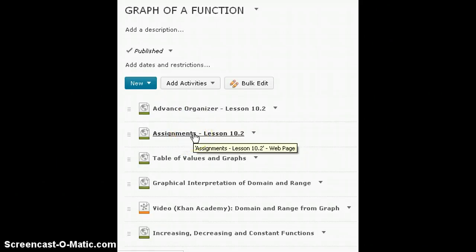Your assignment on 10.2 has a lot of graphing type questions about it. If you go in there, you'll see that the textbook looks different in the reading. You may recognize it as a college algebra or some other kind of textbook.